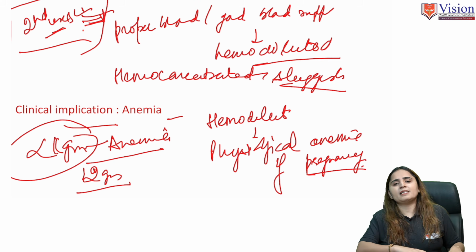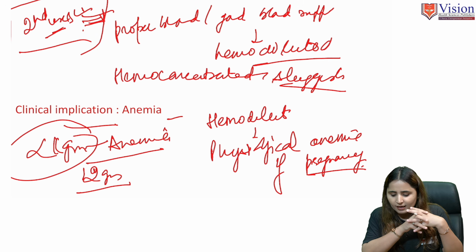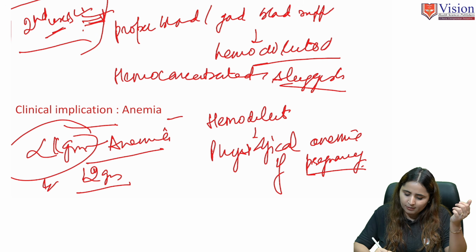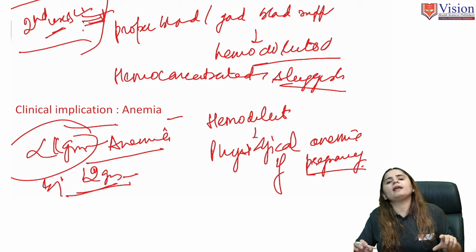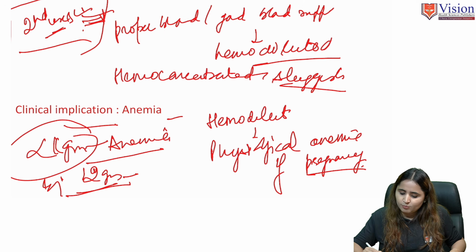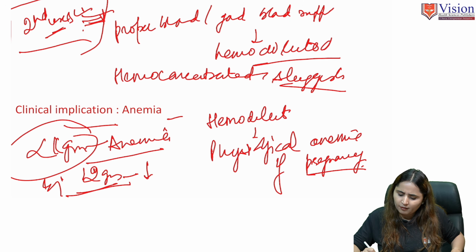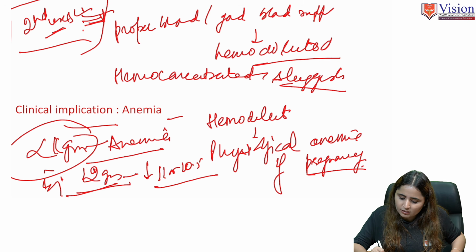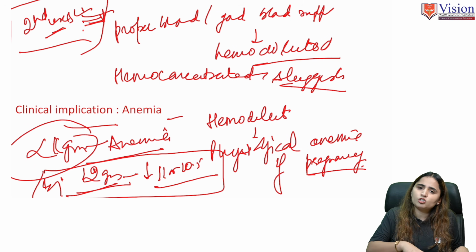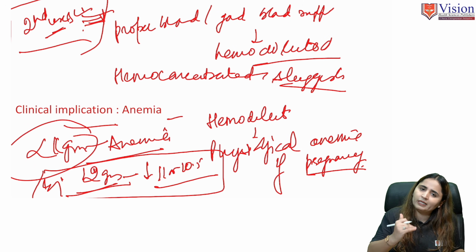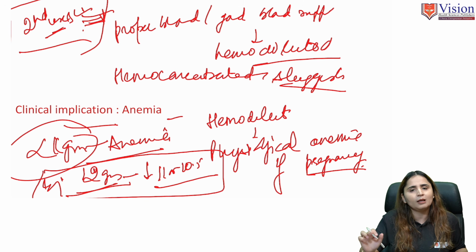Suppose when the female has conceived, her HB level is around, for example, 12 gram. When she reaches the second trimester, definitely her HB level will fall. It will come to around 11 or 10.5. So this is physiological anemia of pregnancy, the HB level falls down. It happens due to this hemodilution.